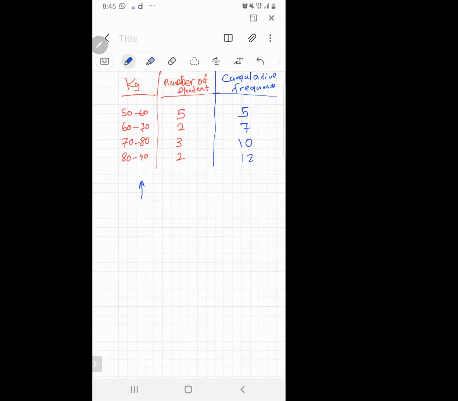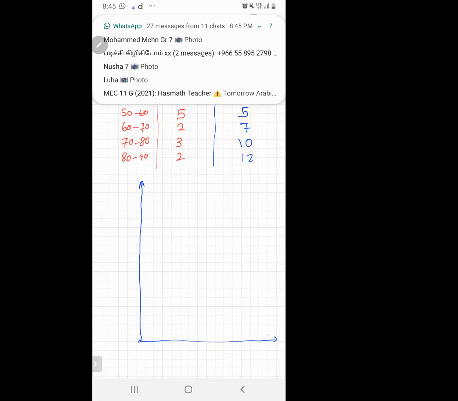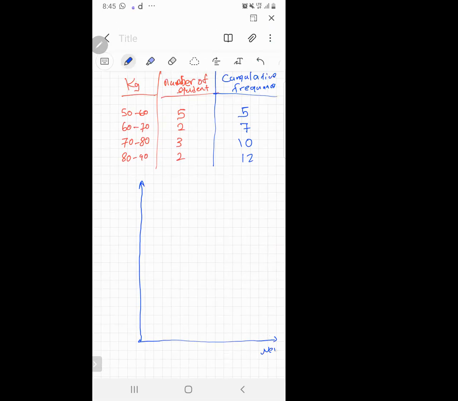So this one is cumulative frequency, and here this is weight and cumulative frequency. So 0 to 50 nobody is there.